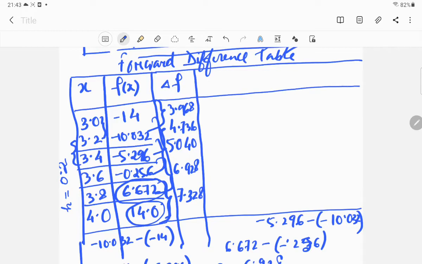Now we are going to derive the second order difference. Again we will start from here. Let me erase this data, it is not required right now.